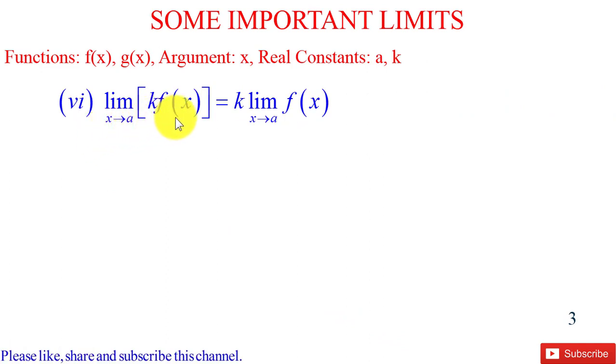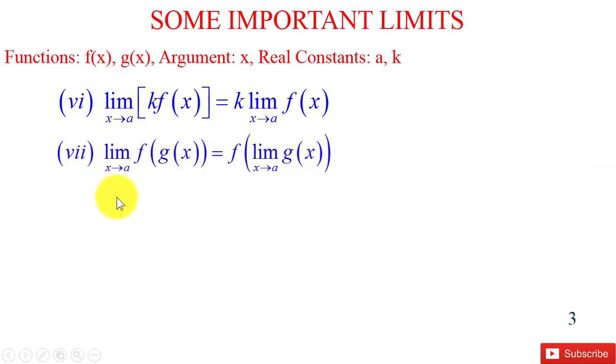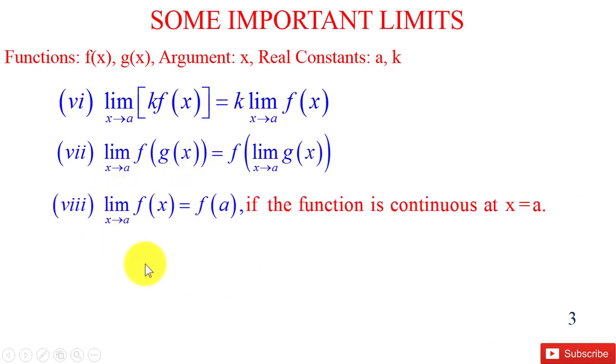The limit as x tends to a of k times f(x) is equal to k times the limit as x tends to a of f(x). The limit as x tends to a of f of g of x is equal to f of the limit as x tends to a of g(x). The limit as x tends to a of f(x) is equal to f(a) if the function is continuous at x equal to a.